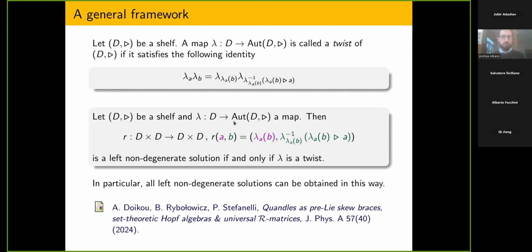And this is very important, since following this framework, we can focus on the shelf structure, study its automorphism group, and determine twists of the shelf. Of course, this is not an easy task. This is very, very far away from being easy.